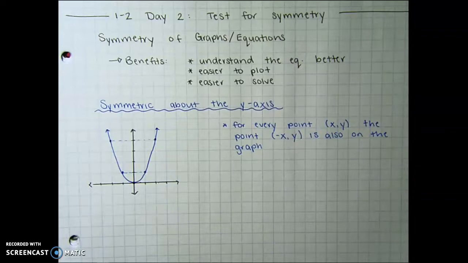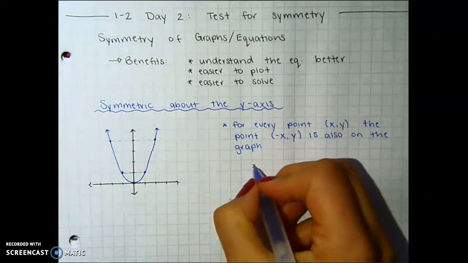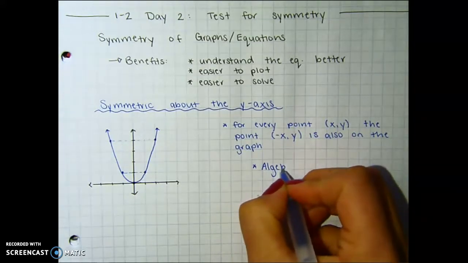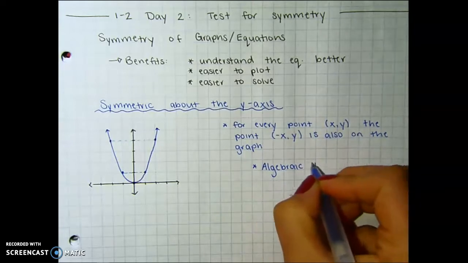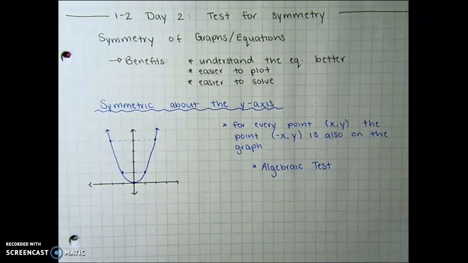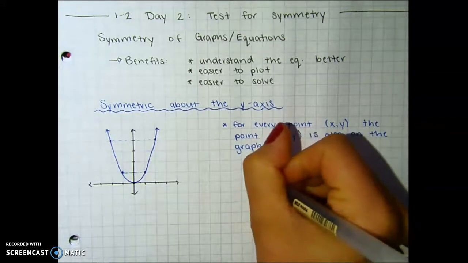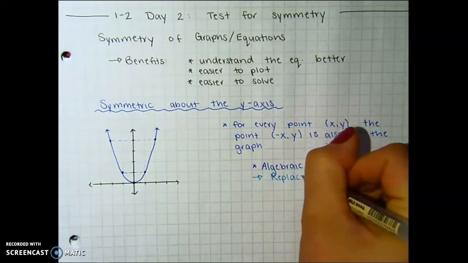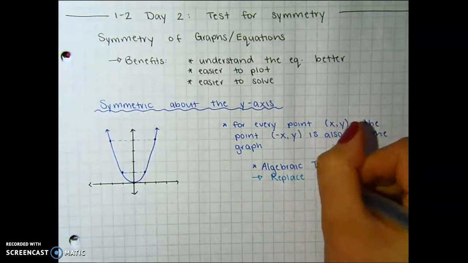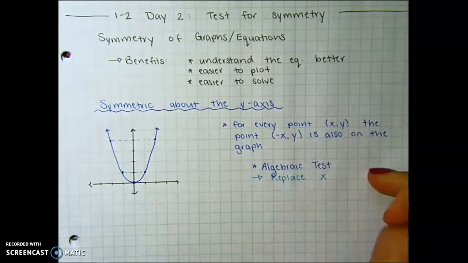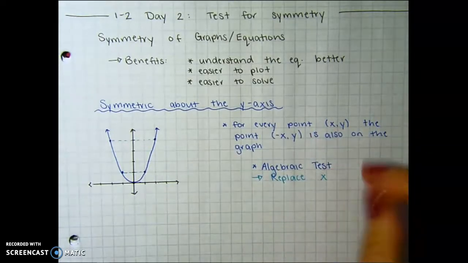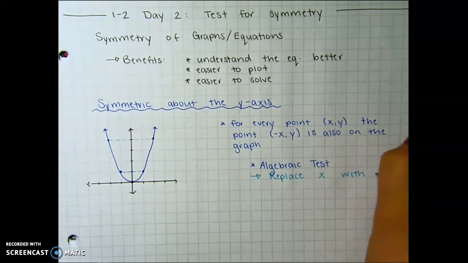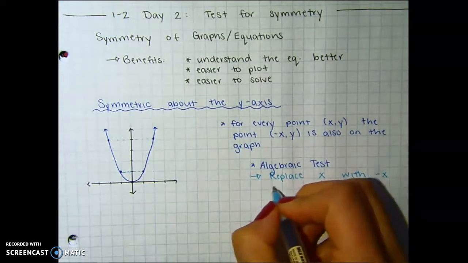But there's an algebraic test, because we won't always want you to graph it, we want you to prove it. And the algebraic test is actually quite straightforward. All you're going to do is replace x in your equation. So if you have an original equation, you're like, hey, is this symmetric? You're going to take your x value and replace it with negative x, and simplify.